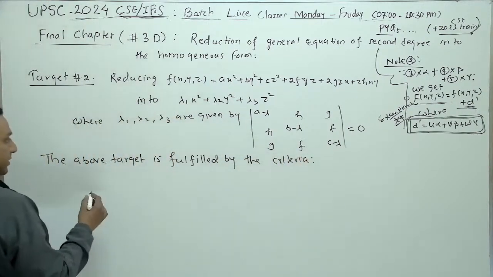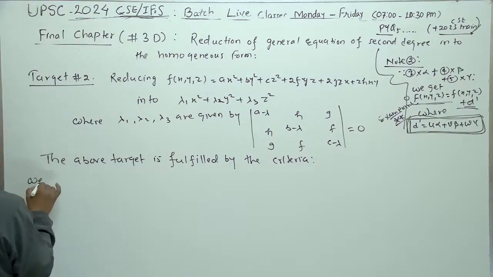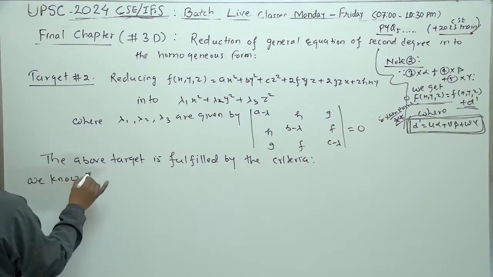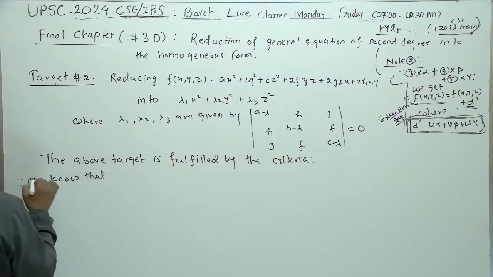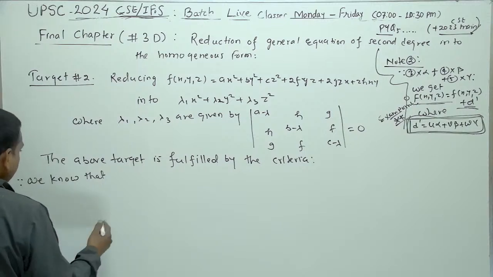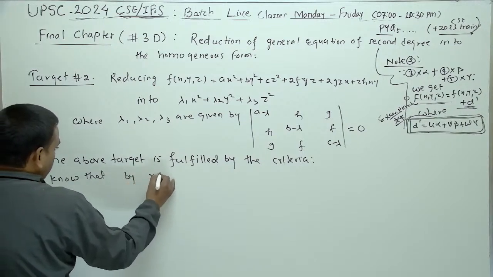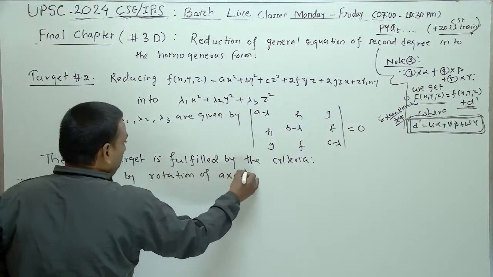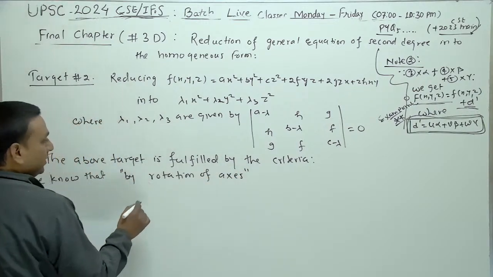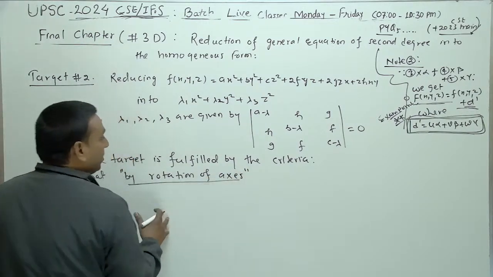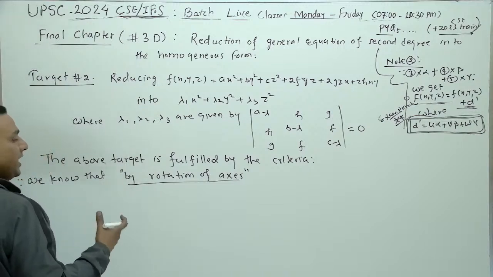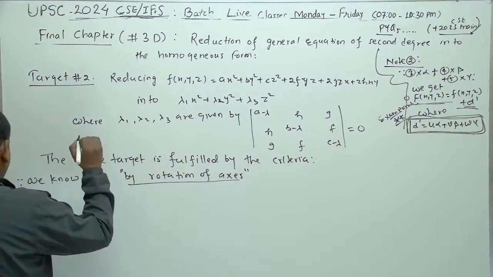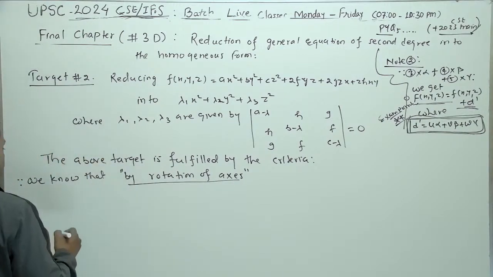Watch carefully, we know that by rotating the axis, this is the key word here, by rotation of all the three axes, underline this word, by rotation of the axis, the expression remains unchanged.